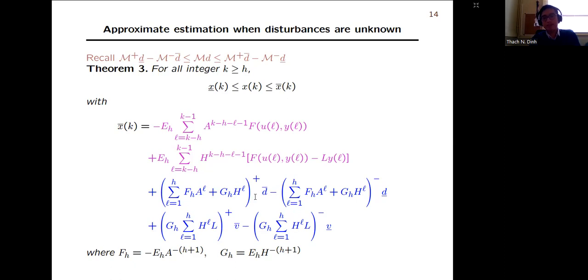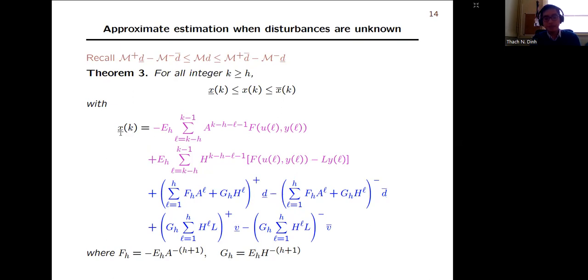Okay, so we can have the upper bound. Similarly, for the lower bound, we keep the purple terms and we just replace the uncertainties by their lower bounds, and we can obtain the lower bound of the real state.